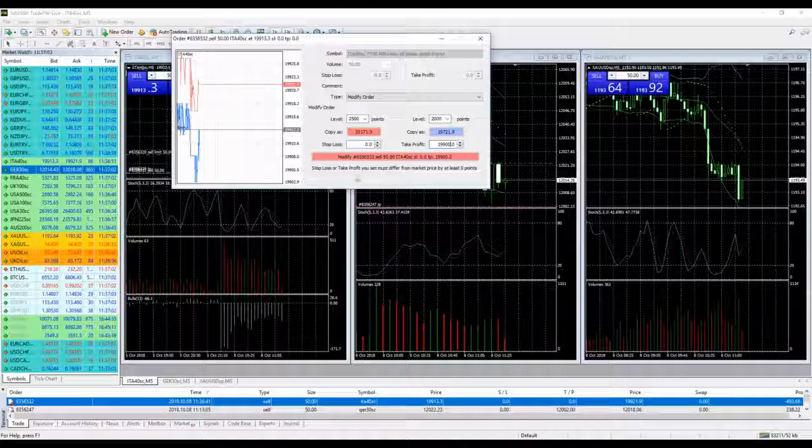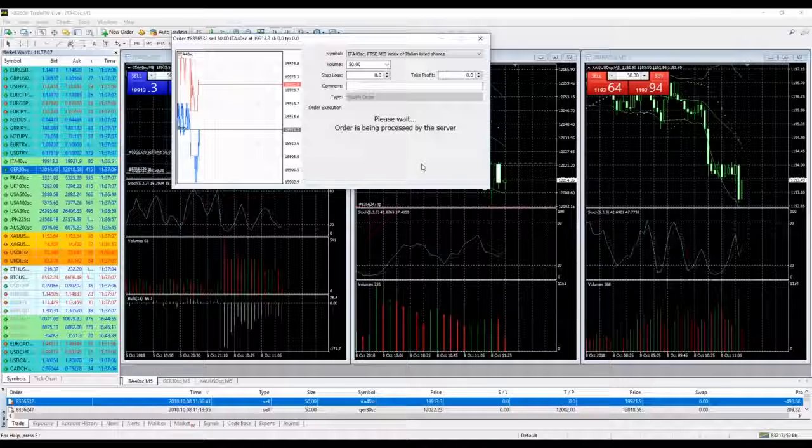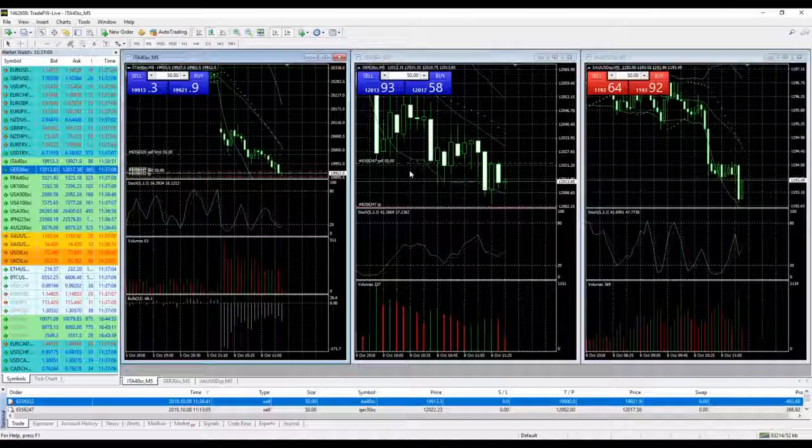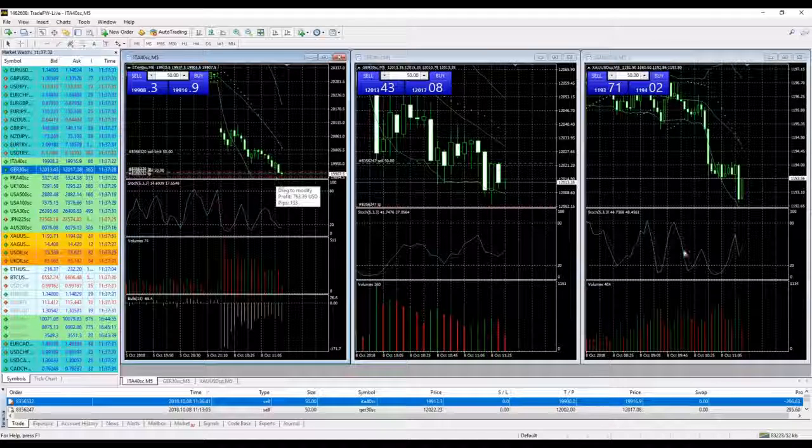I will put my take profit at 19,900, and I'm sure we will see very often that it might try to hit that level and not get there. Let's see what's happening. With this trade, it will get there. I'm aiming for another $700.